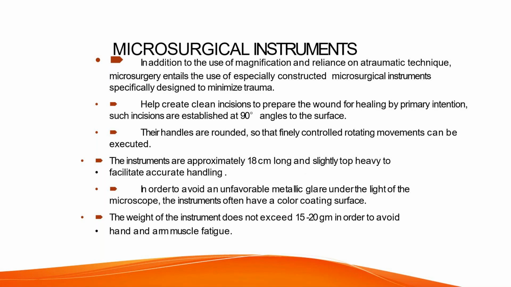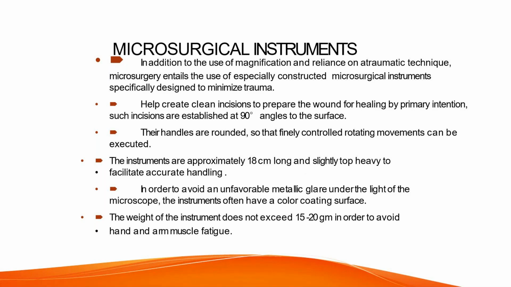The handles of microsurgical instruments are rounded and they have controlled rotating movements. The instruments are approximately 18 centimeters long and slightly top heavy, to facilitate accurate handling. Also, the weight of the instruments is less, ranging from 15 to 20 grams, and in order to avoid unfavorable metallic glare under the light of the microscope, the instruments often have a color coated surface.